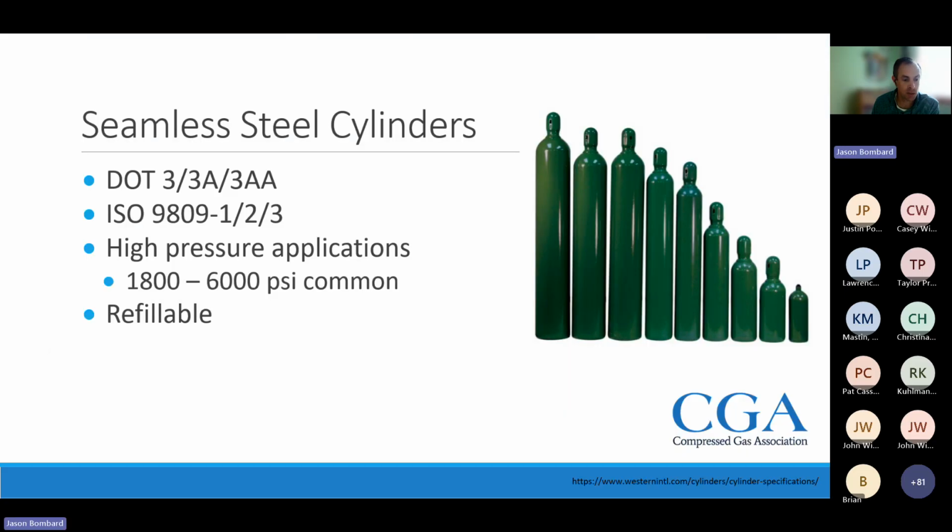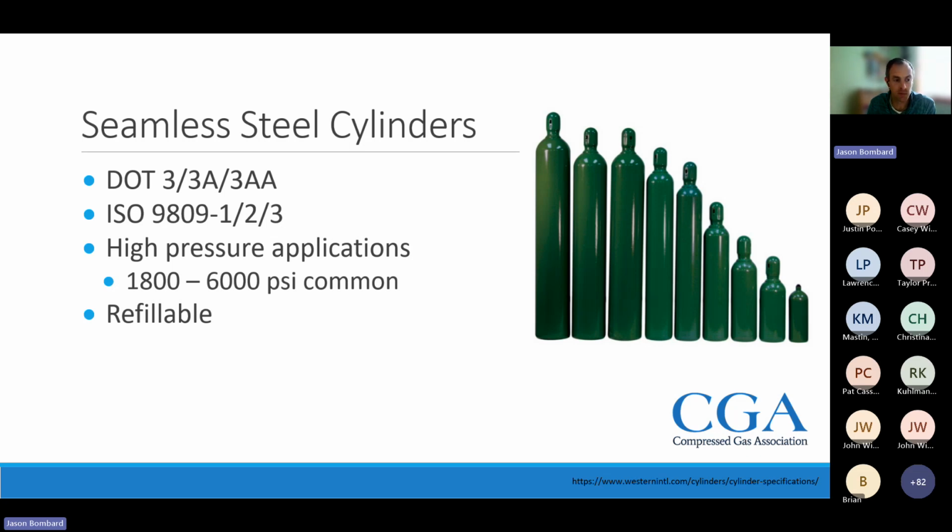So your Type 1s, probably one of your most common cylinders that you'll see is the seamless steel cylinder. You'll hear these referred to as DOT Type 3s or 3As or 3 AAs. And the difference between the 3 is basically just the composition of the metal that was used.